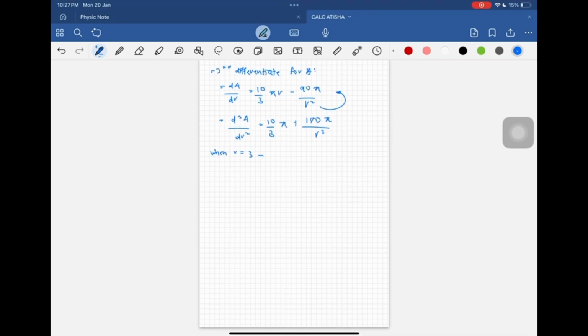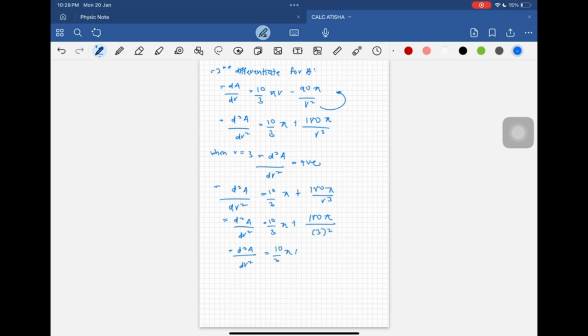We find 10 r cubed equals 270, which gives r equals 3. To confirm A is minimized, we calculate the second derivative and verify it is positive at r equals 3, ensuring that the surface area is minimized. Therefore, the radius of the cylinder is r equals 3 cm.